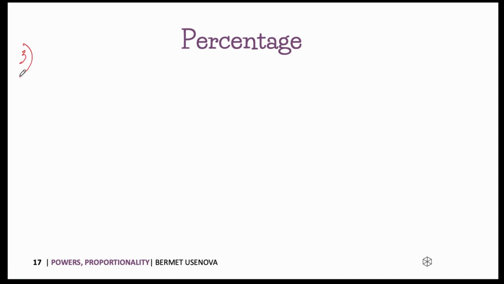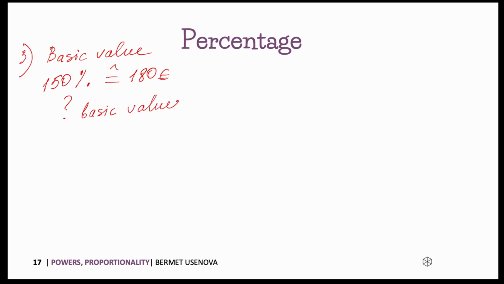The third type of problem is finding a basic value. So for example, 150% of the basic value corresponds to 180 euro. So what is the basic value for this case? Here we can also use the rule of 3, step-by-step solution.